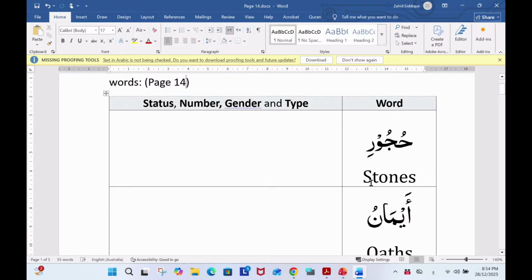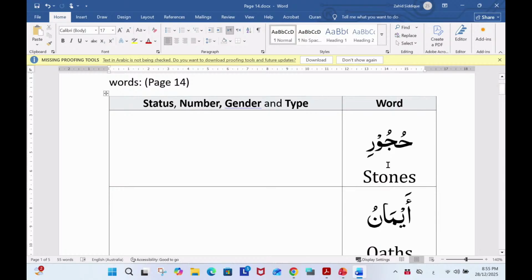This clearly indicates that we are talking about multiple stones, and this is not having the normal ending combination. So you would always look at it from the angle of whether we have an ending combination, which we don't. So it has ending sound. When we have ending sound, it can either be a singular word or a broken plural. In this case, when we know the meaning, we know that this is plural.